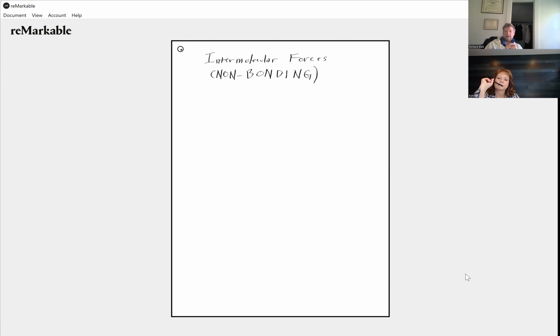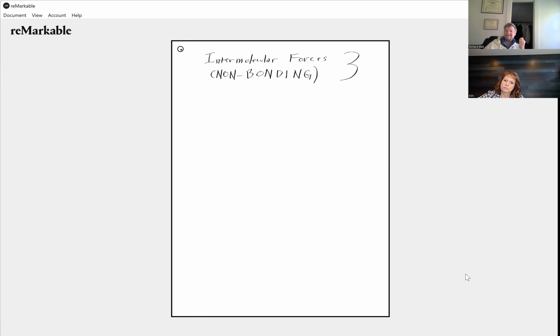There are three types of non-bonding intermolecular forces. My book mentions two of them, which ticks me off because there are three. And I keep saying non-bonding because one of them is very, very poorly named.